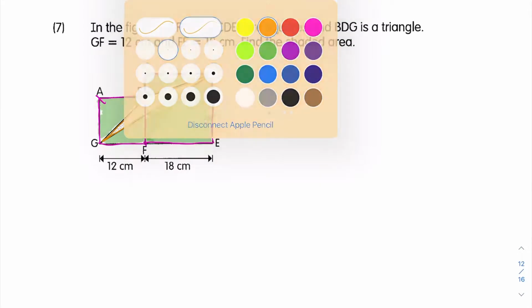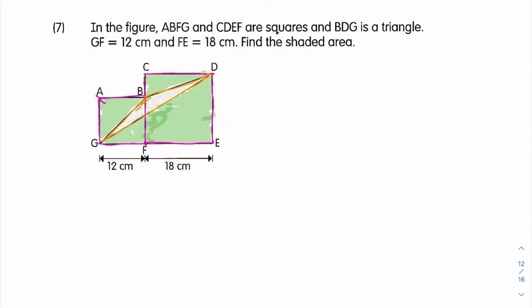So let's shade this here. Okay. And we want to find the shaded area, which is this orange part right here.